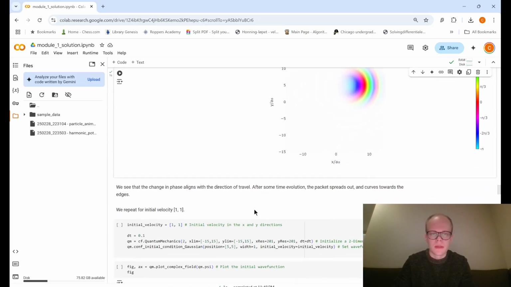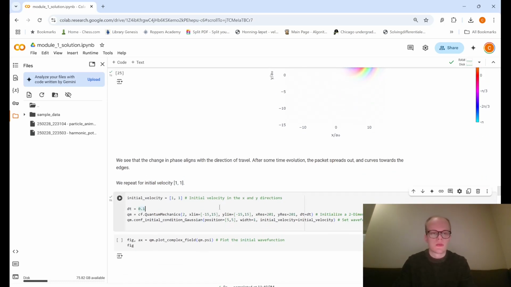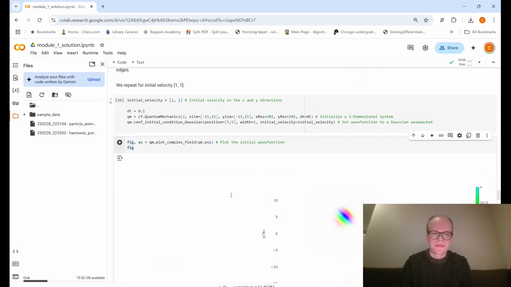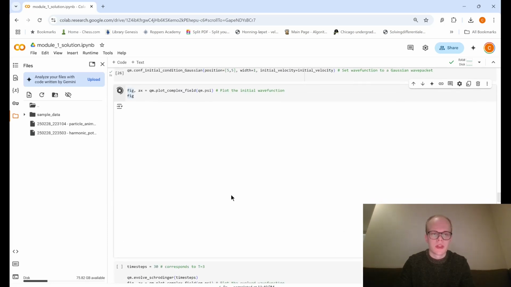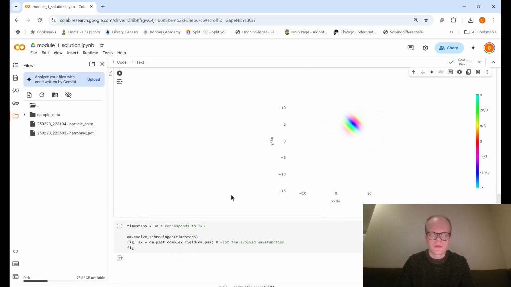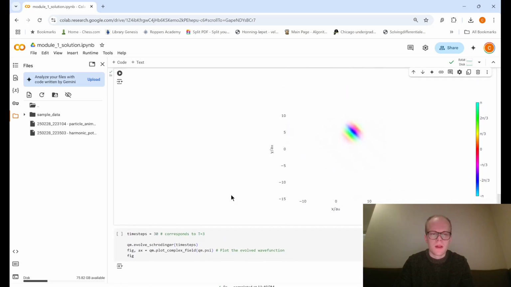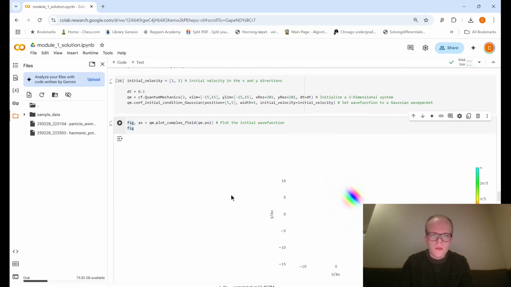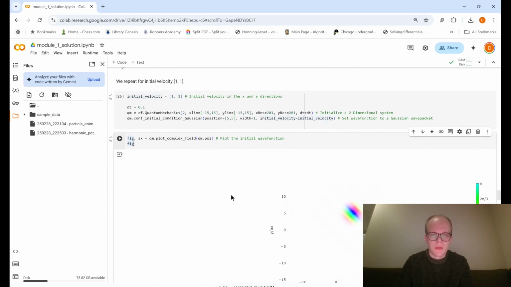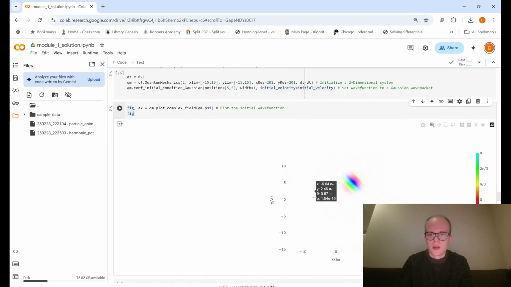Okay, cool, interesting. Let's just repeat this for initial velocity 1, 1, and plot here. Right, and we see the same thing. The initial wave function has a phase gradient in the direction 1, 1.